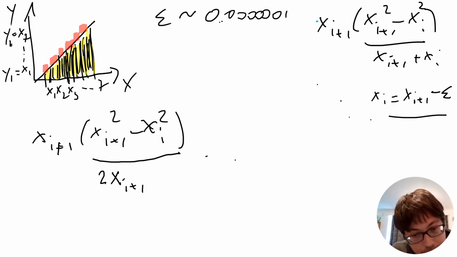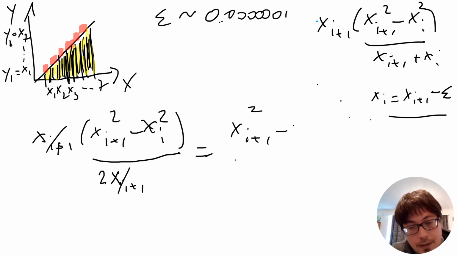So we just neglect the epsilon. It is very small, we can forget about it. In this way we already see that this term here and this term here cancel out, and we have that this is equal to xi plus 1 squared minus xi squared divided by 2.